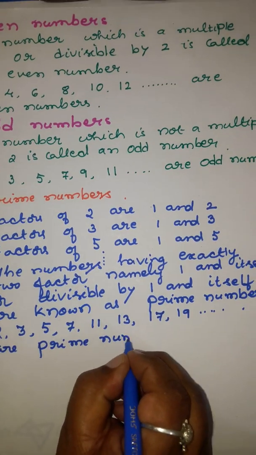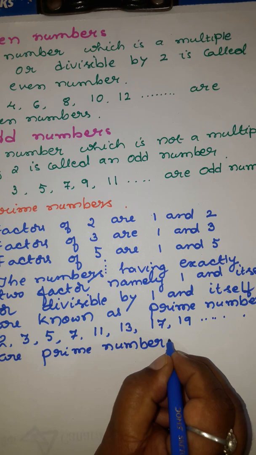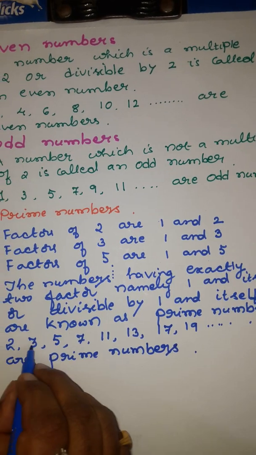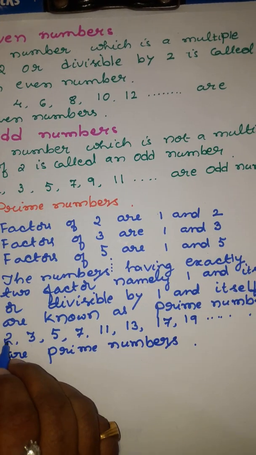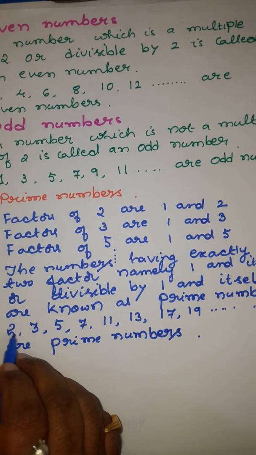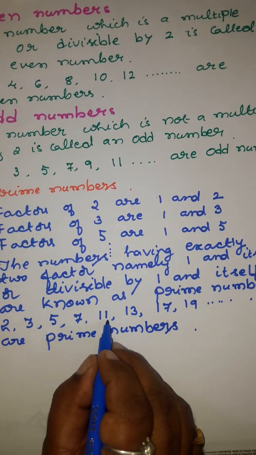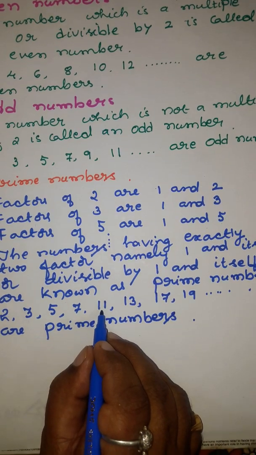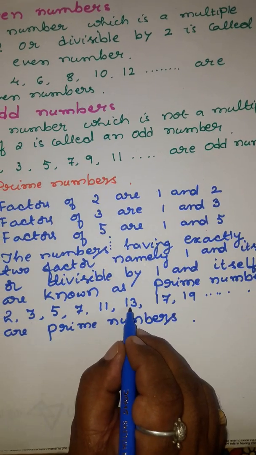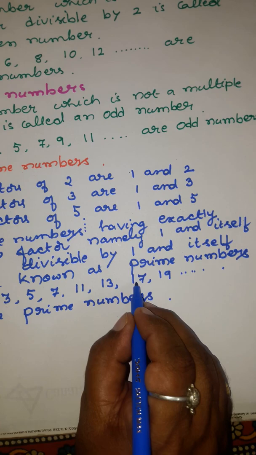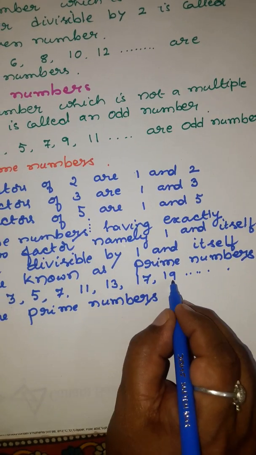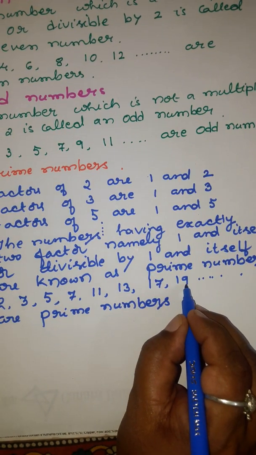They are examples for prime numbers because all these numbers are divisible by 1 and itself. 2 is divisible by 1 and 2, 3 is divisible by 1 and 3, 5 is divisible by 1 and 5, 7 is divisible by 1 and 7, 11 is divisible by 1 and 11, 13 is divisible by 1 and 13, 17 is divisible by 1 and 17, 19 is divisible by 1 and 19.